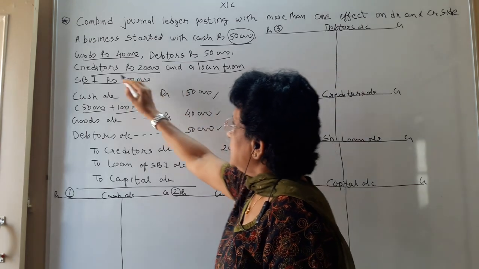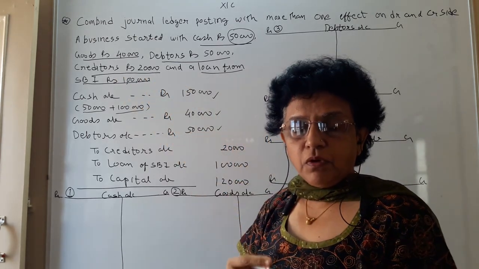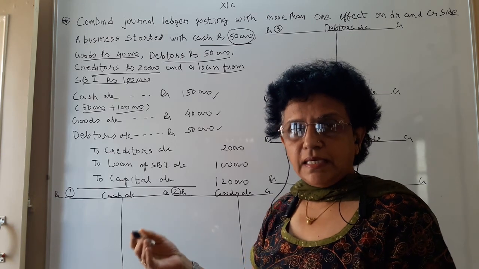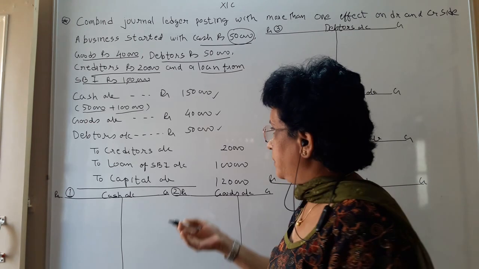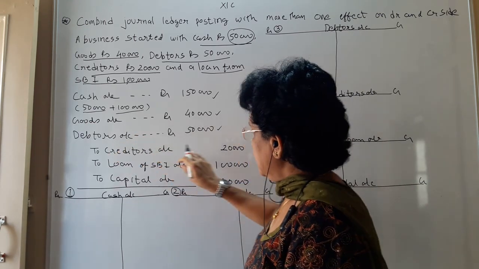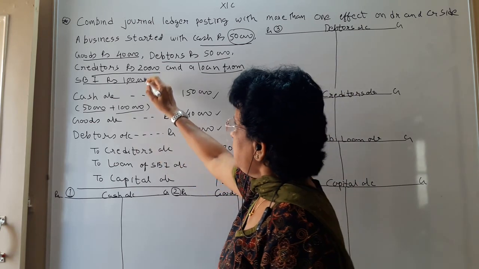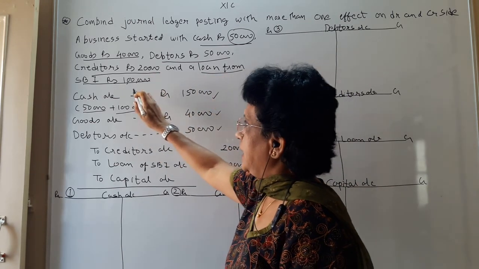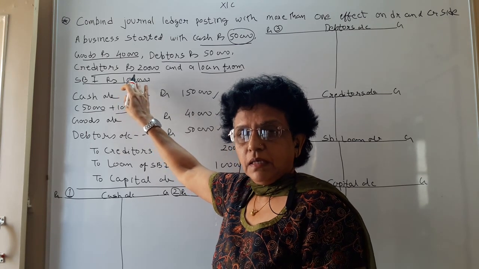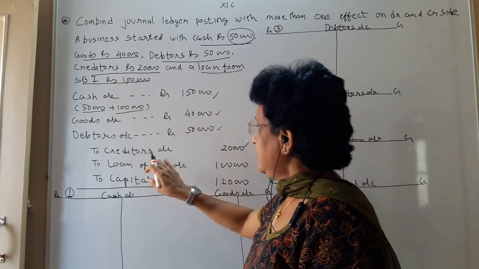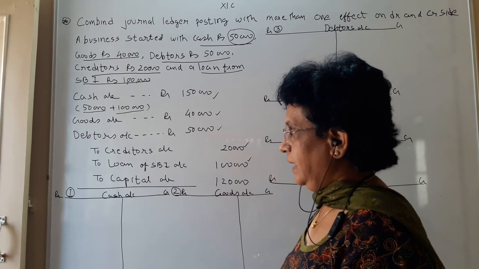Then you have the creditors. Creditors are our liability. All liabilities have a credit balance, payable; we are responsible to pay them. So the creditors account is credited 20,000. Then you have taken a loan from SBI. The SBI amount also has to be refunded later on, so that is also your liability, having a credit balance of rupees 1 lakh.